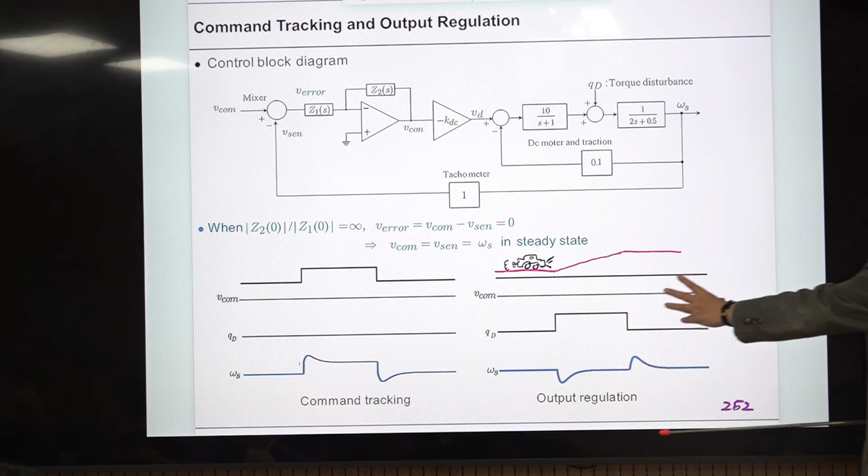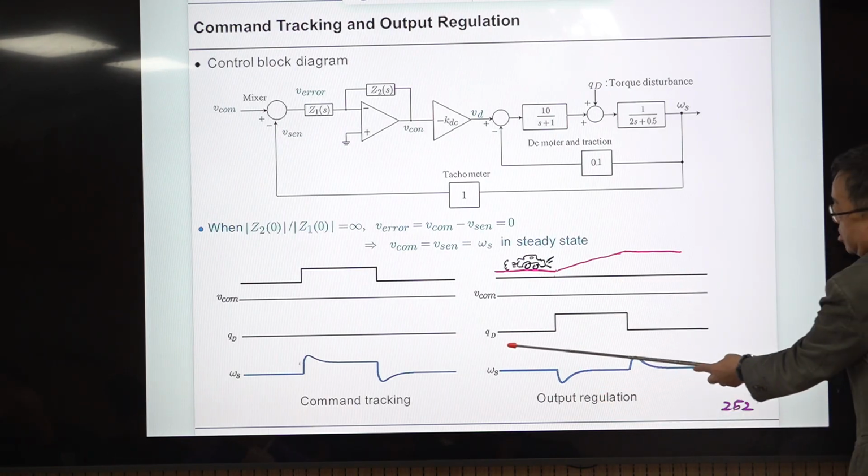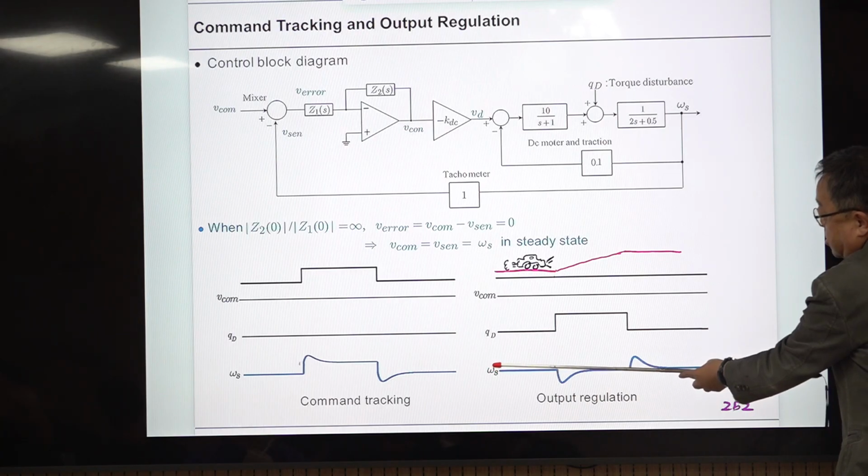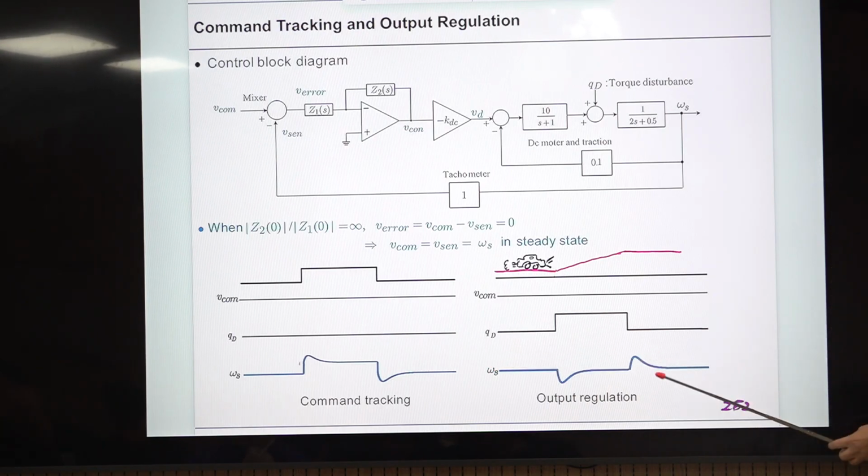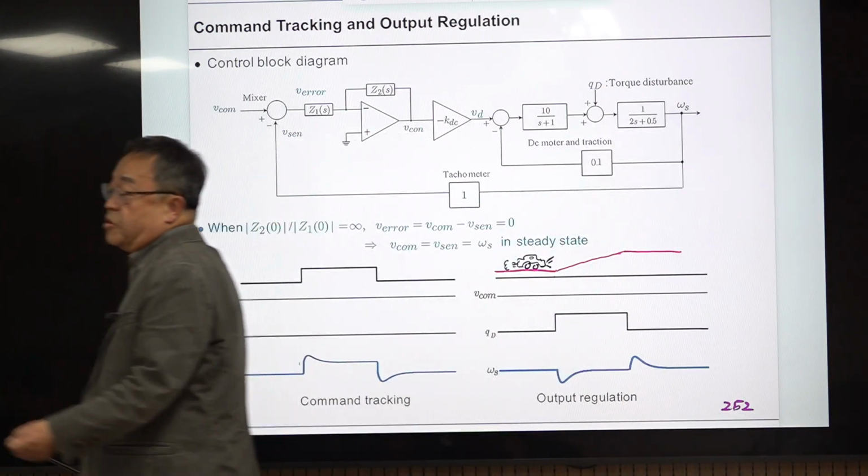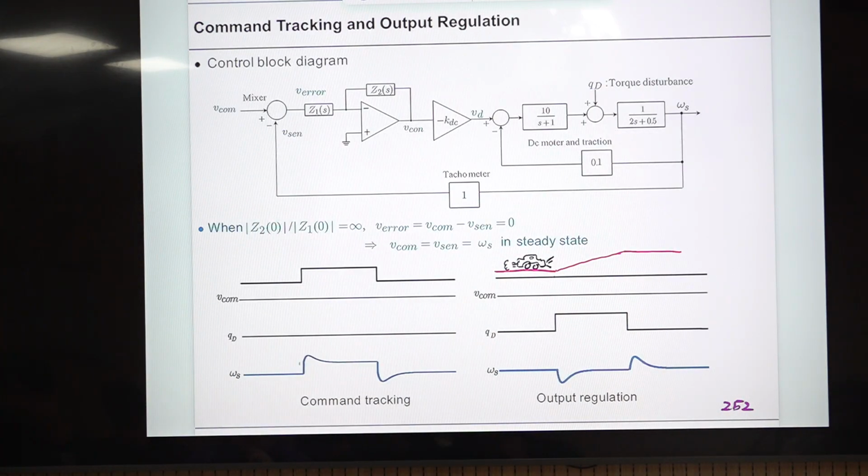But during this transitional period, this speed omega s should be constant. Of course, you have some transient response here, undershoot because torque is increased, and now this overshoot because torque is decreased. So this is one typical example of the concept of feedback control.